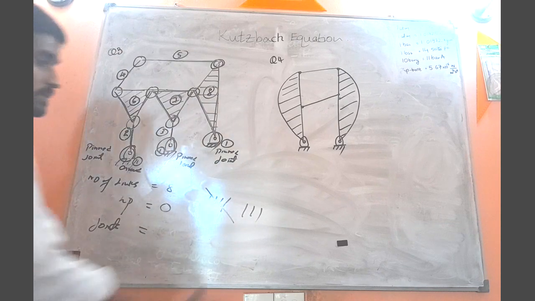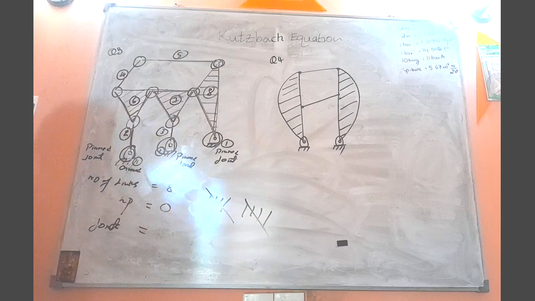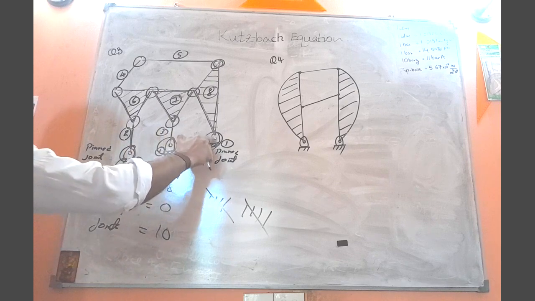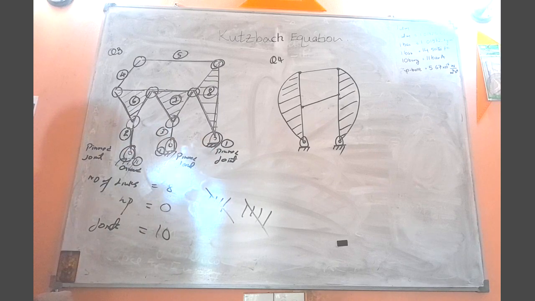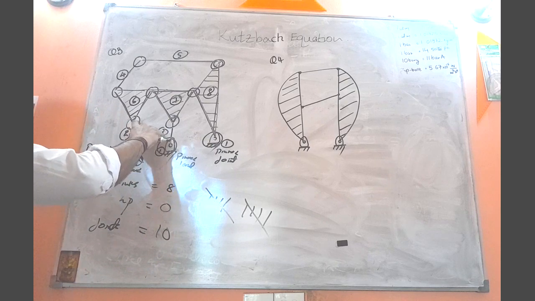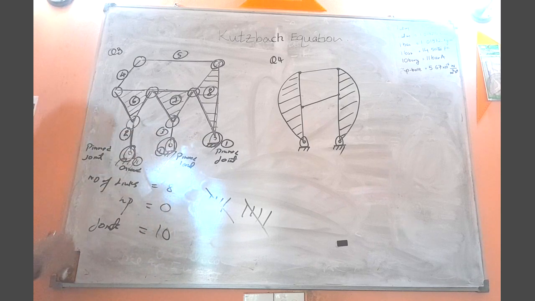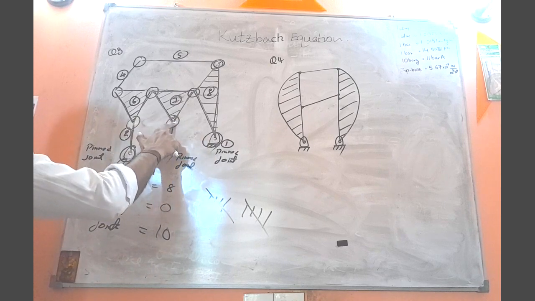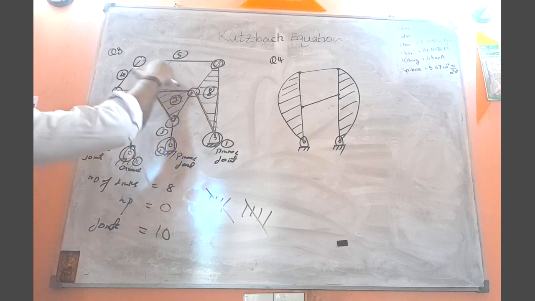So how many joints? 10 joints we have. Again, joints 1, 2, 3 are the joints that connect this link to the ground or to the frame, because of this pinned joint. Joint 1, 2, 3, 4, 5, 6, 7, 8, 9, and 10.